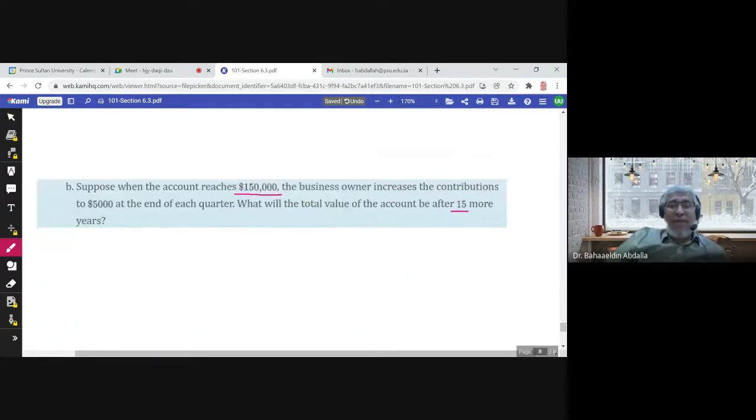So what would happen to this 150,000? How can I find out? The future value will be found using this formula, which we studied in 6.2. So the future value now, the principal in this case, is the 150,000. I is 0.08 over M, which is 4, so 0.02.